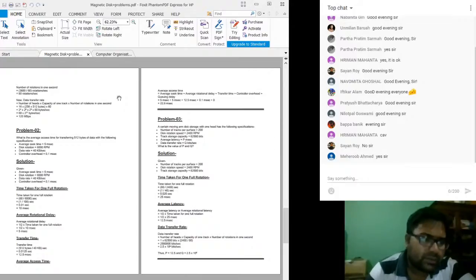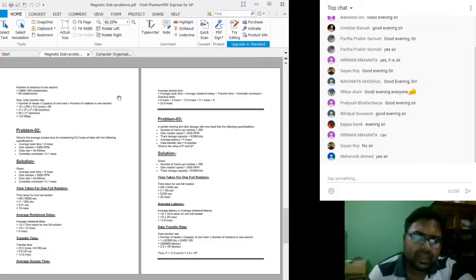To transfer 512 bytes of data, how much time do you require, given the data rate? You just divide the data by the data transfer rate, and this gives you the time required to transfer this much data.